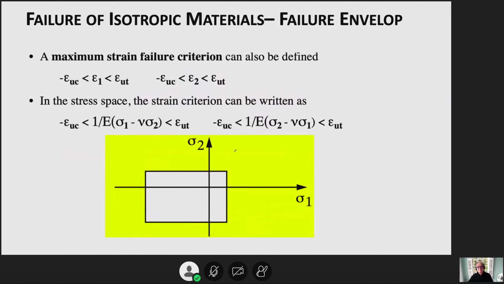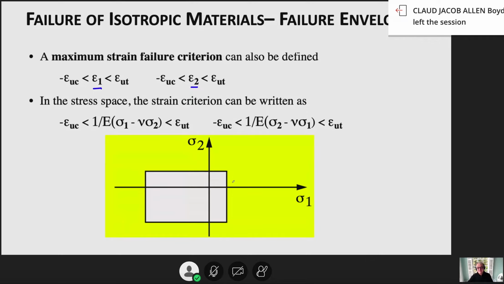We can also do max strain failure criteria, in which case we look at the strain along the fiber direction and strain along the, this is not isotropic, principal material direction, and strain along the transverse principal material direction. And then we make a plot of it in the stress space.